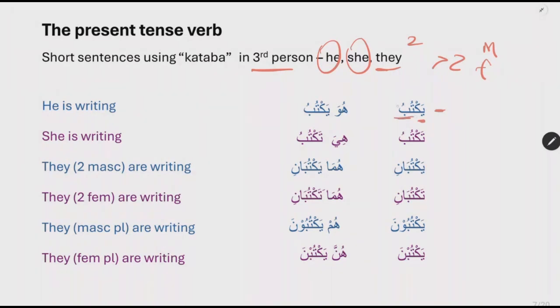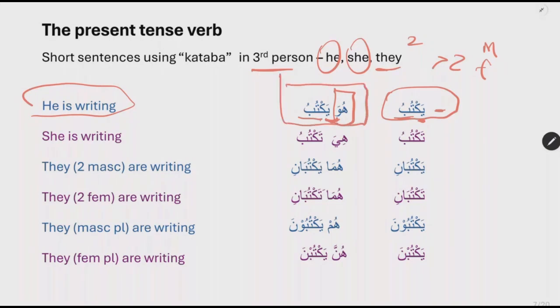Another way of getting this meaning is you put the huwa, which is he, and then here you have the ya agreeing with the huwa, and the verb yaktubu. So this also means he is writing. So it's two ways of saying he is writing.